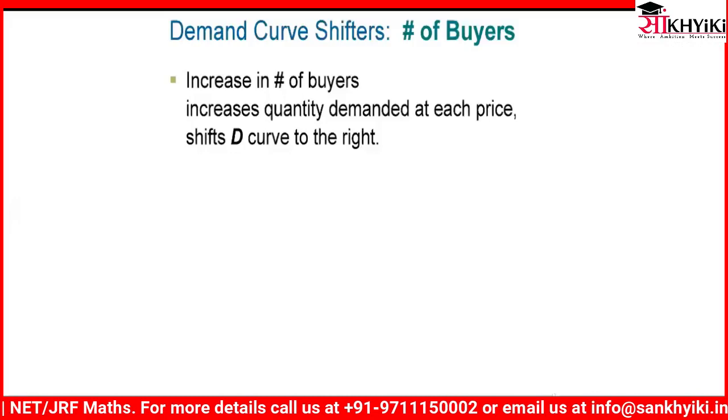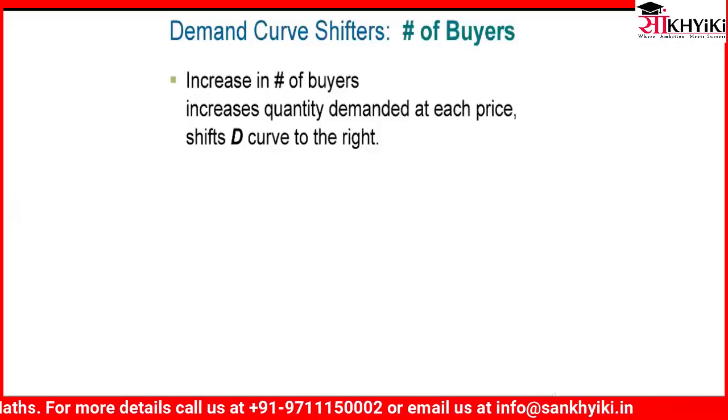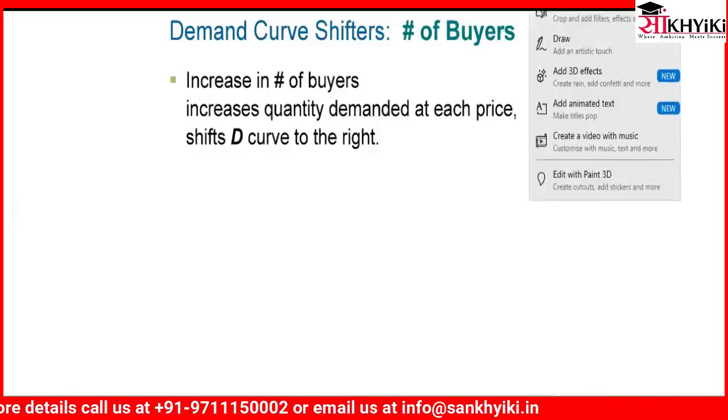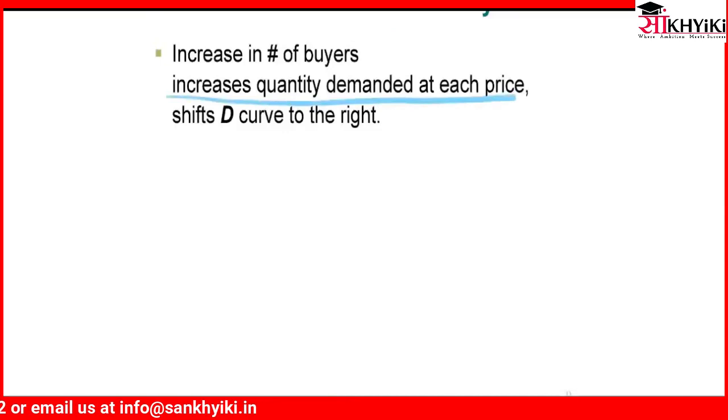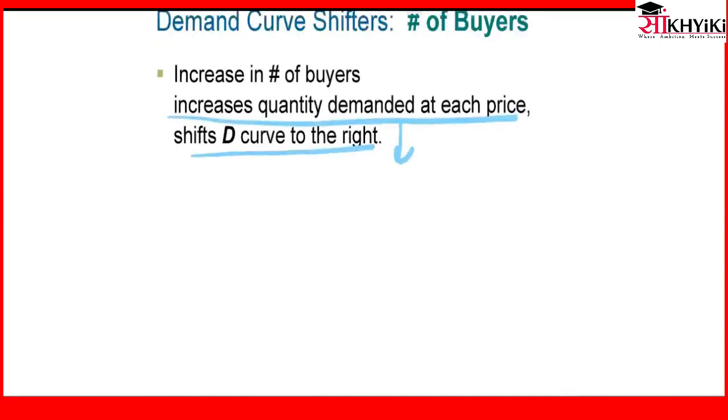So the first factor that we have to now consider is called the number of buyers, and this is very obvious. So basically I'm not going to talk about the quantity demanded, but here it is in fact going to talk about the market demand.